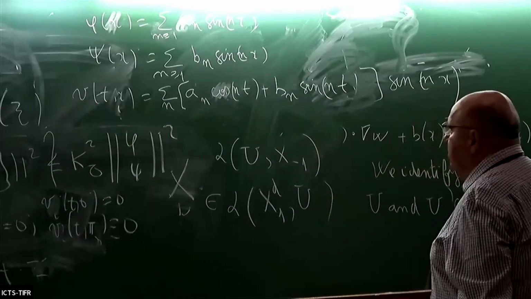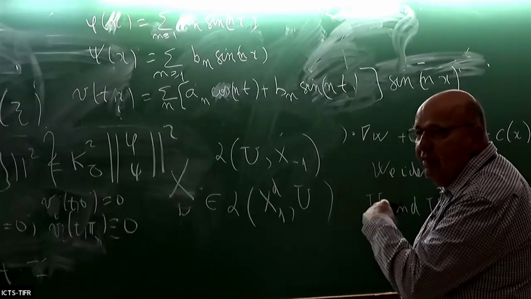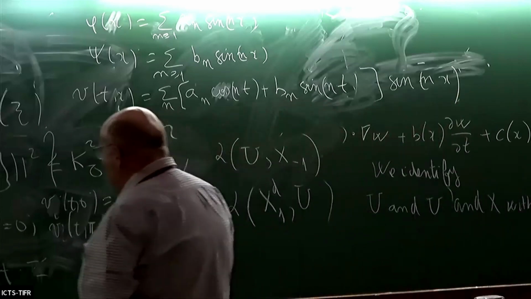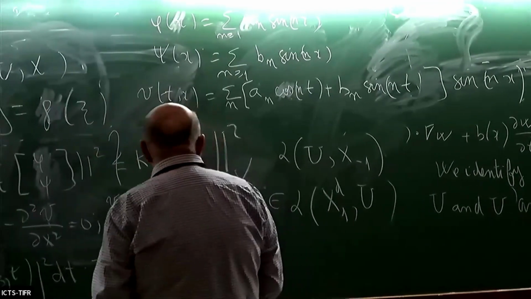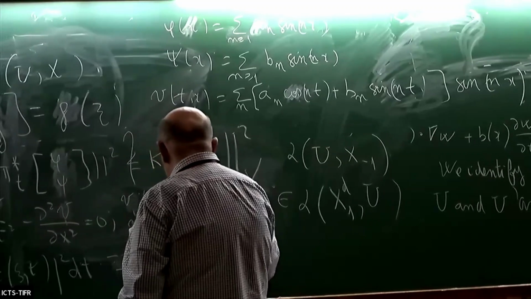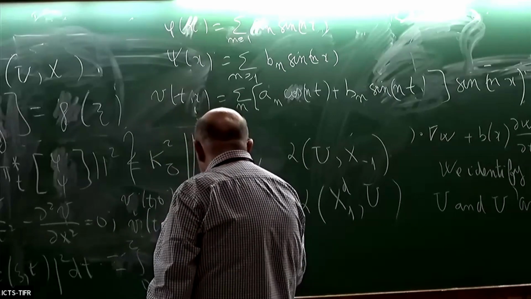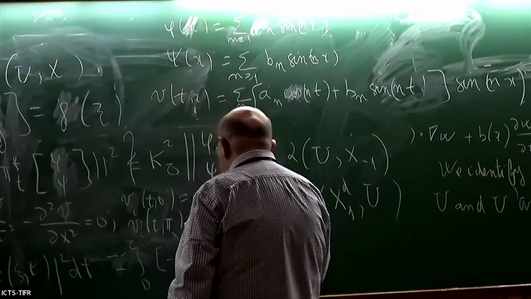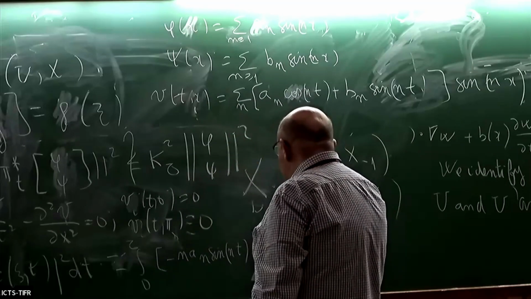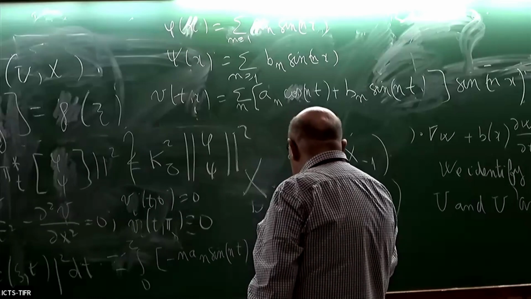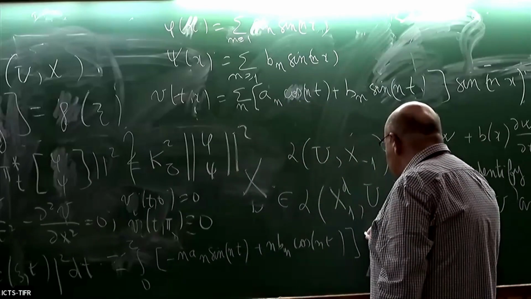And then what will be this? What I'm doing, I'm taking the derivative with respect to time, and I'm taking x equal to xi. So it will be equal to the integral from 0 to tau. When I take the derivative with respect to time, I get minus n an sine nt plus n bn cosine nt, everything multiplied by sine of n xi.